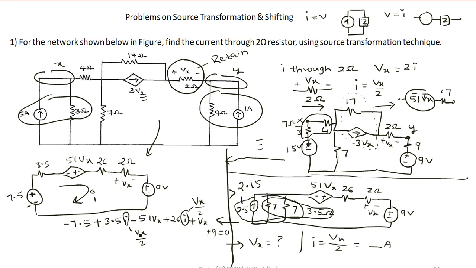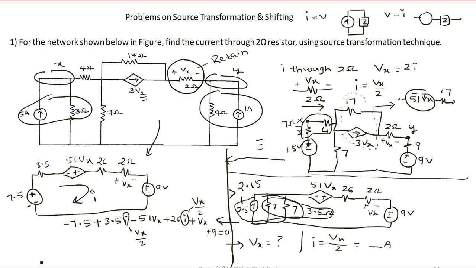Solve this equation and come out with the Vx value and I value. Is that clear to everyone? Yes, sir. Okay, so please proceed for that and calculate and let me know the Vx value.